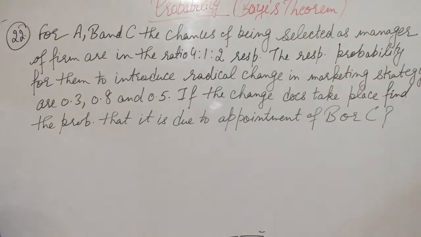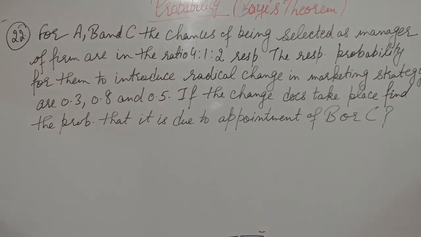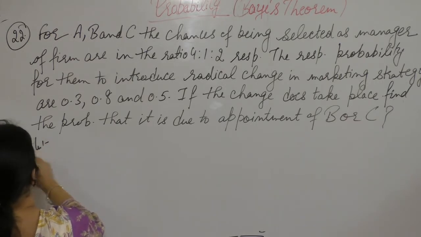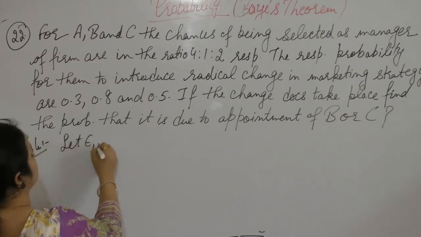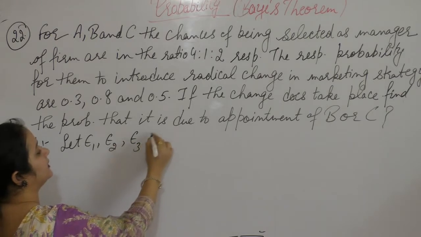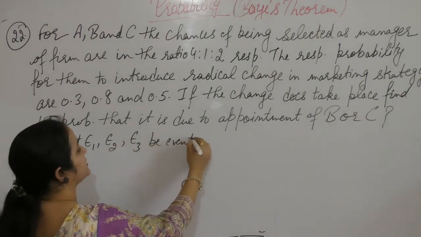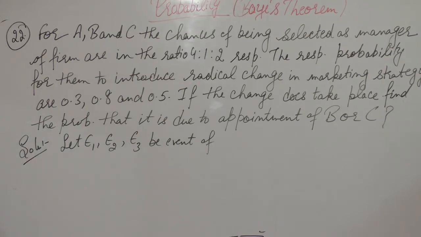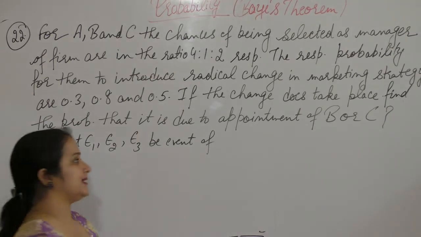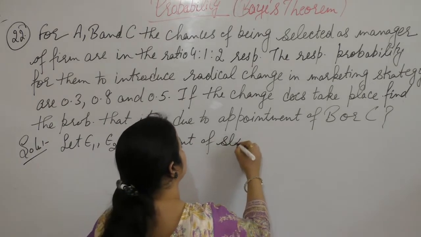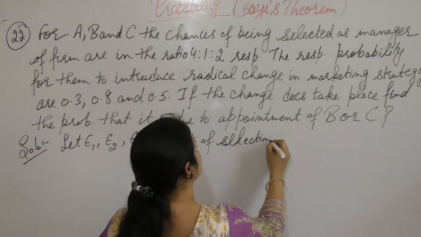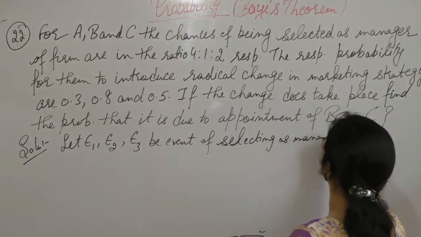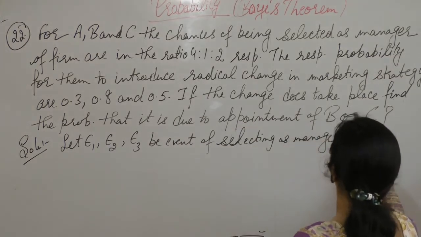First, let E1, E2, E3 be the events of selecting A, B and C as manager.